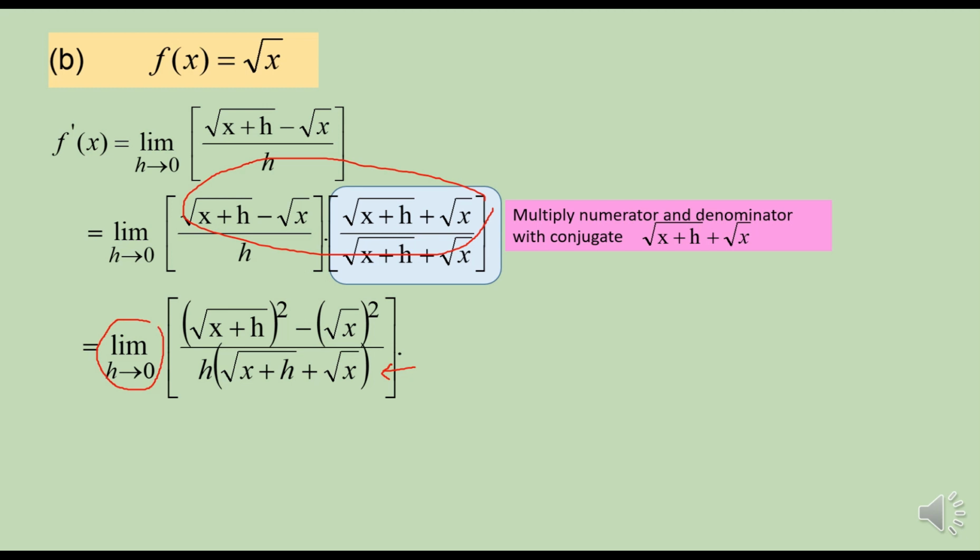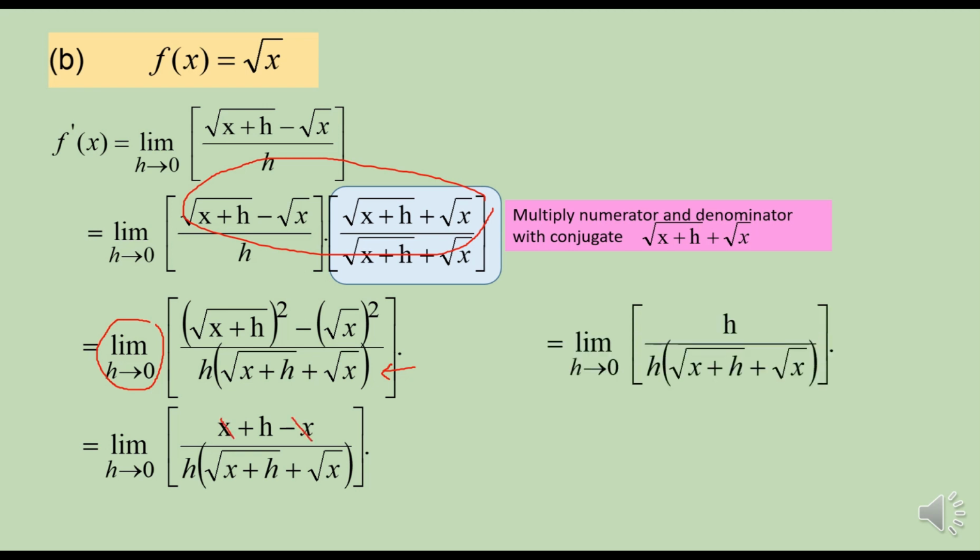So don't forget to write the word limit when h approaches 0 every time you write, until when you substitute. Then the limit when h approaches 0 of [x plus h minus x] after you simplify.